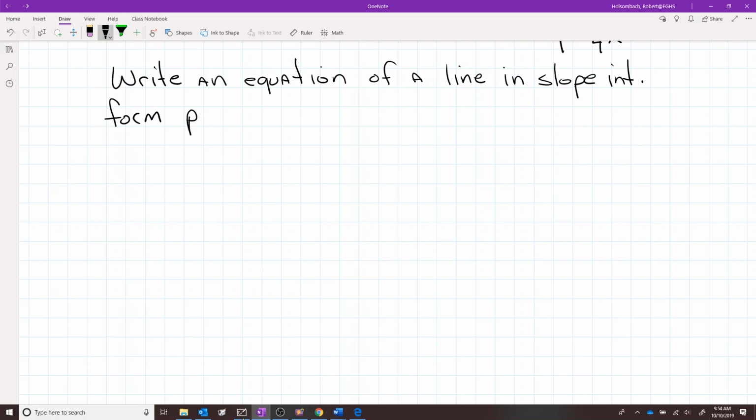It's got to be parallel to y equals 4x minus 5, and going through or containing negative 1, 5.